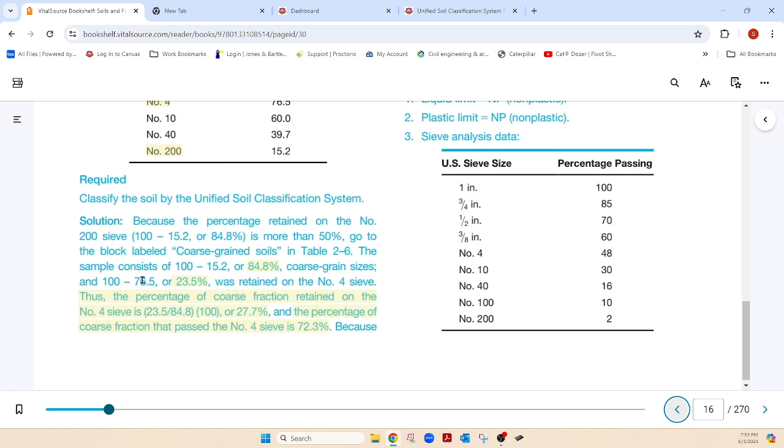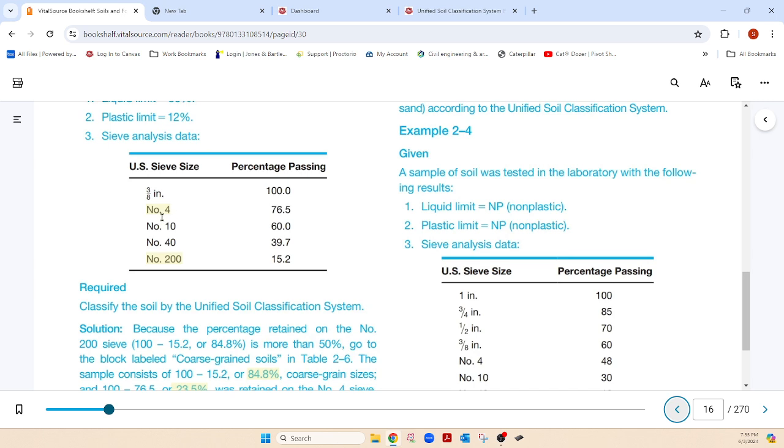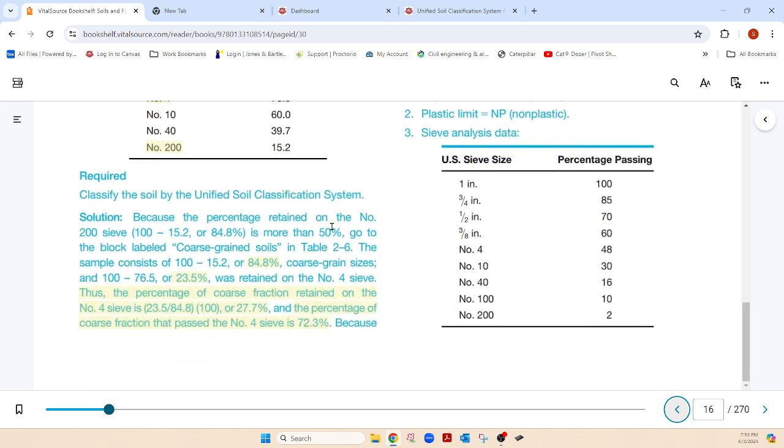But let's read this. 23.5 was retained on the number 4 sieve, and that came from our notes up here. And thus, the percentage of coarse fraction retained on the number 4 sieve is that 23.5 divided by the earlier 84.8 retained on the number 200 sieve, which gives us 0.277.